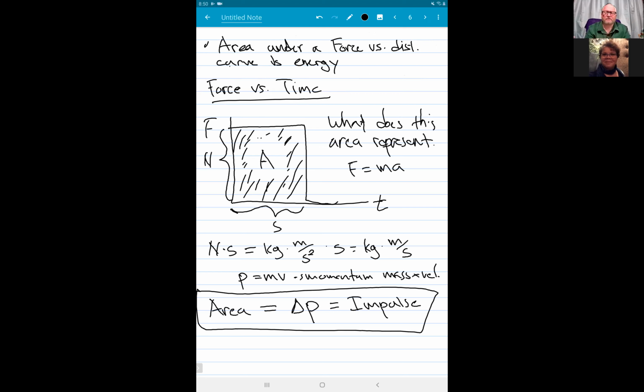It's momentum, right? Exactly. It's weirdly worded because it seems too obvious, and it is that obvious. They just want to make sure that you know that, so you write it down. You basically just told me that you know it already. So what does the area under the force versus time graph have to do with the change in momentum of each cart? They are the same thing. That's all it wants to know.